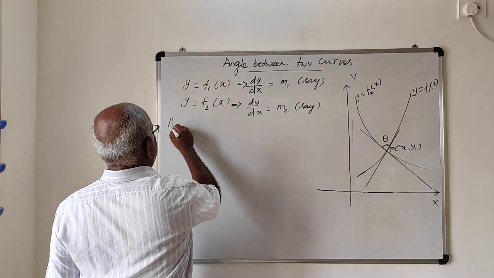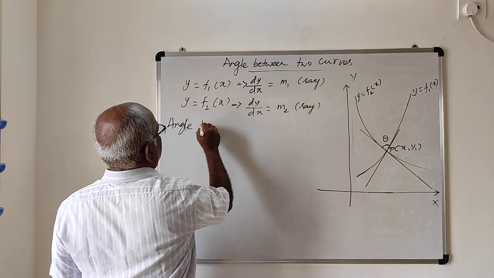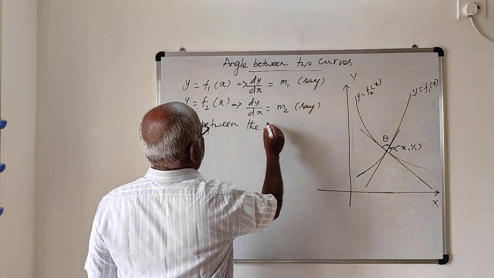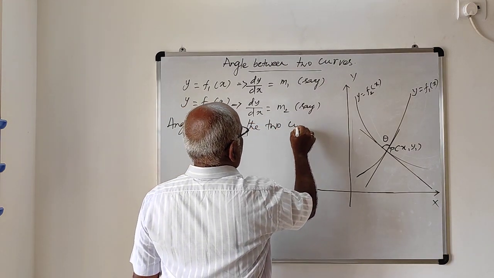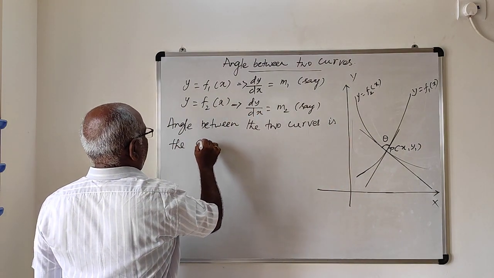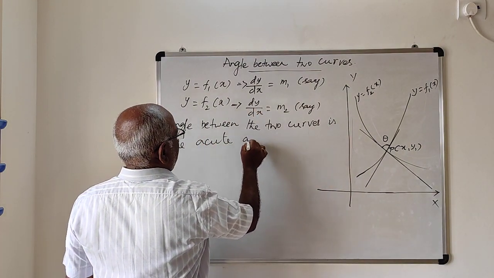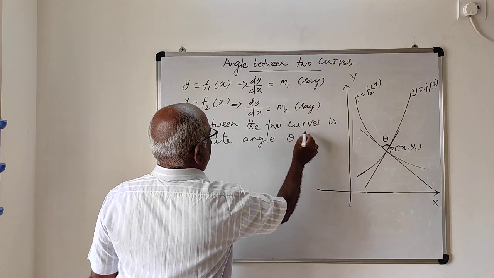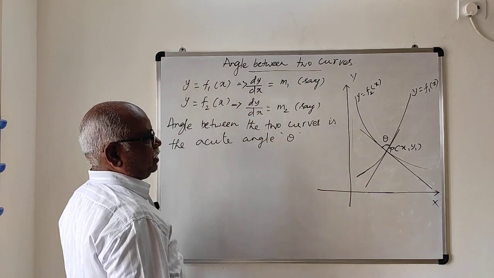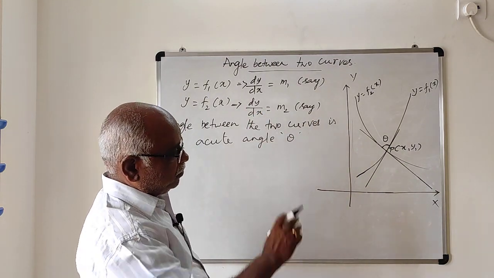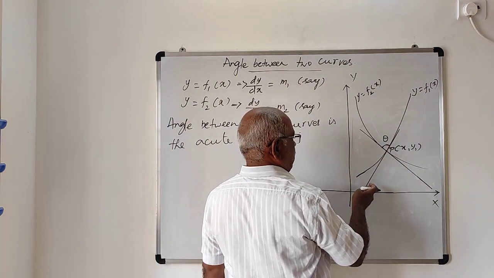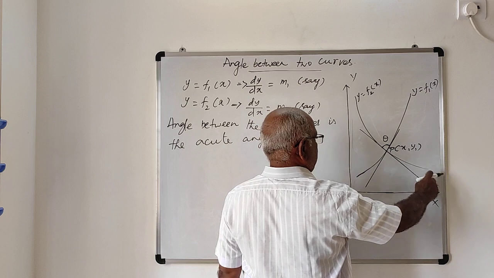The angle between the two curves is the acute angle theta between the tangents drawn at the point of intersection of the two curves. Suppose this is the tangent drawn for the first curve and this is the tangent drawn for the second curve.